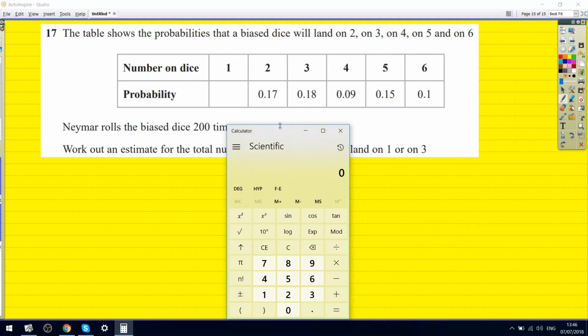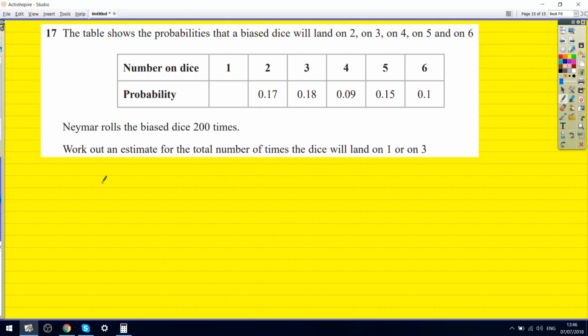Okay, so that's correct. 0.17 plus 0.18, 0.09 plus 0.15 plus 0.1. Okay, 0.69. And then it'll be 0.31. Yeah. So that means that's 0.31.